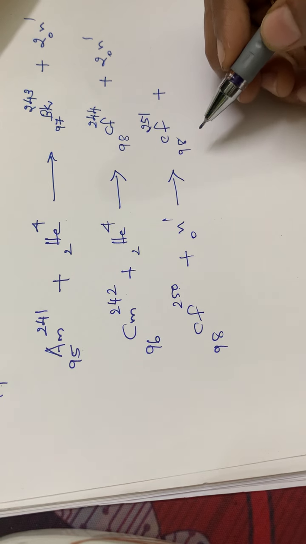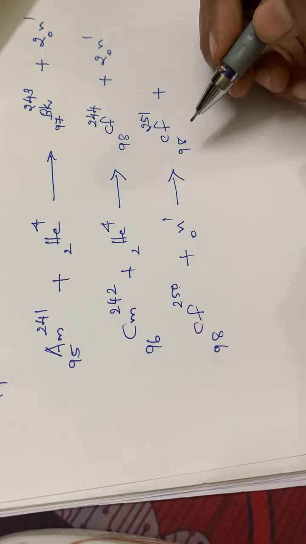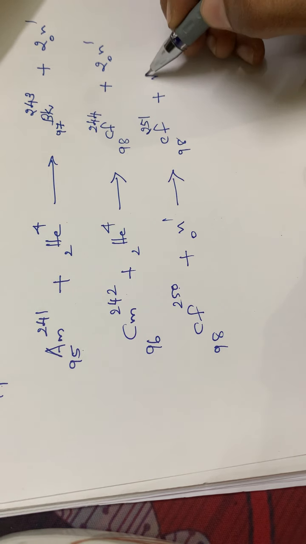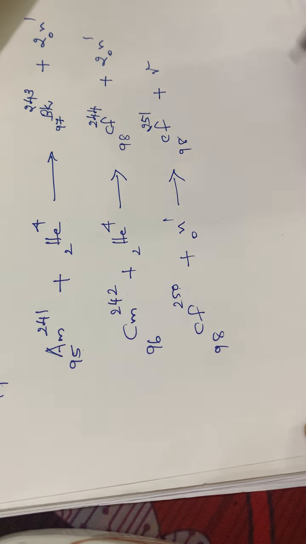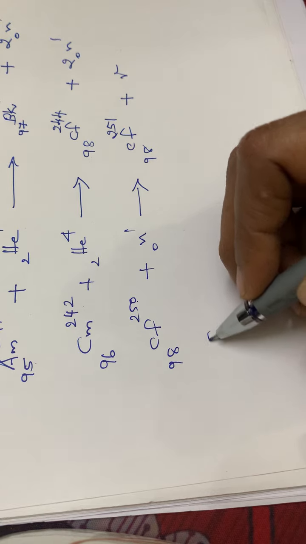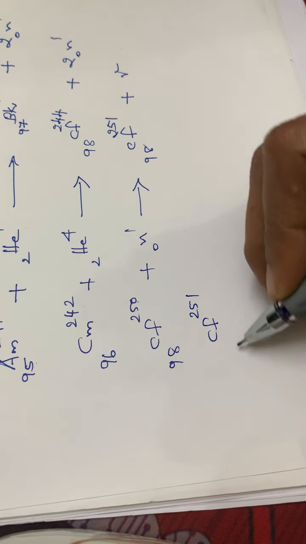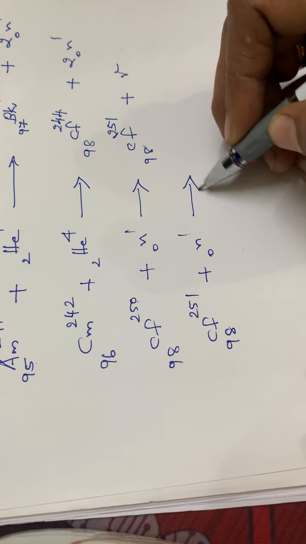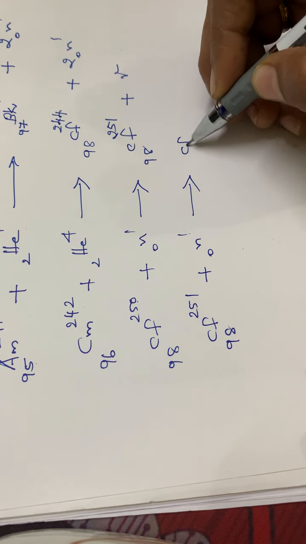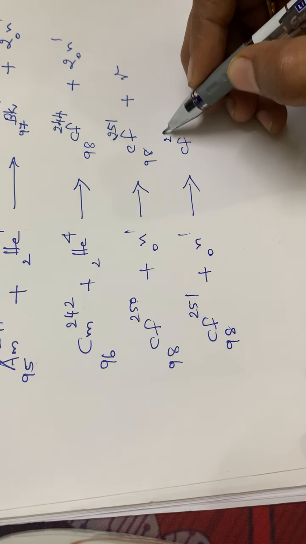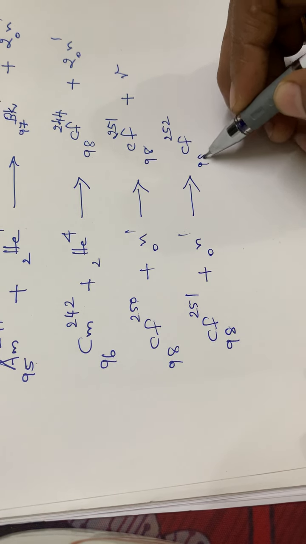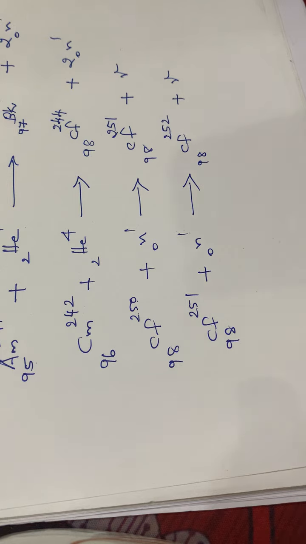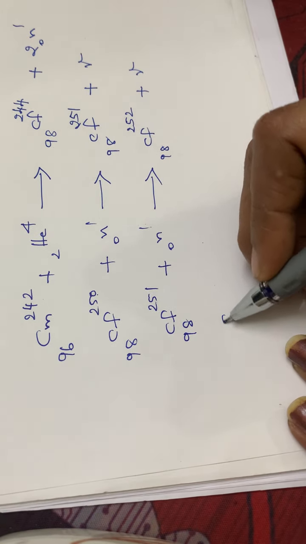That means the same element, an isotope of californium with mass number 251, plus a gamma particle. Then in the next step, californium-251 (98) is bombarded with another neutron, and again we have californium-252 (98) plus a gamma particle. Then this process is continued.